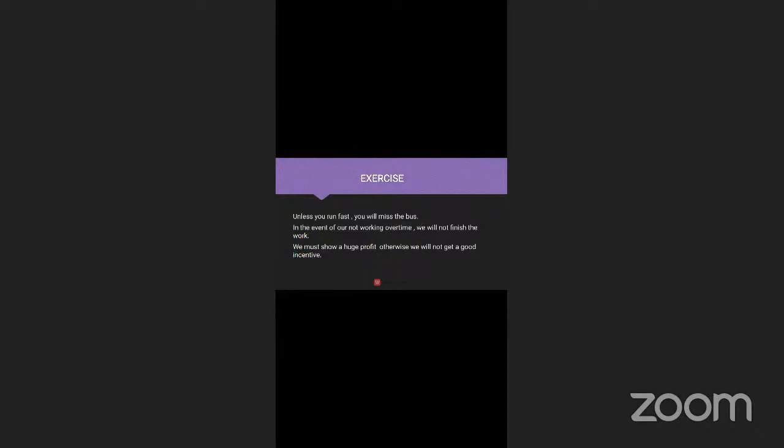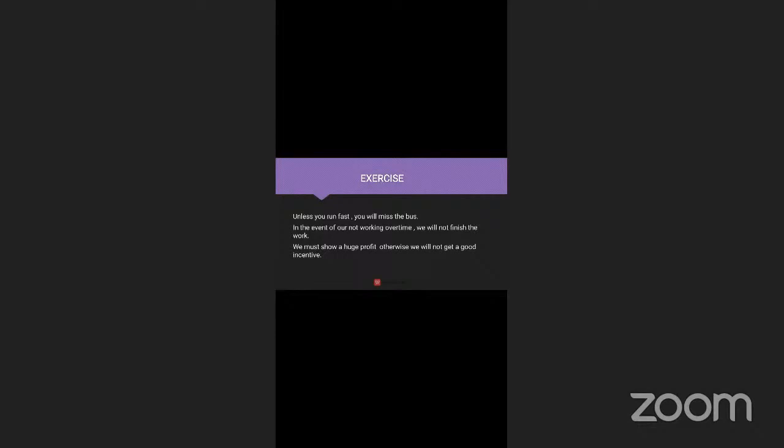So what should be used? In case of our not showing huge profit, we will not get a good incentive. That is in case of not, or in the event of not.